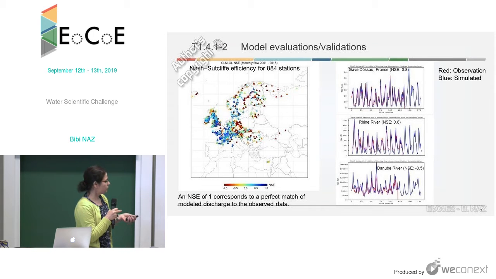These points are the measurements or gauge stations at different rivers, for 800 rivers in Europe, and this index goes from 0 to 1. 1 means we have the best match with our model outputs, where the observations have a good agreement with our model outputs, and 0 means we have bad agreement.